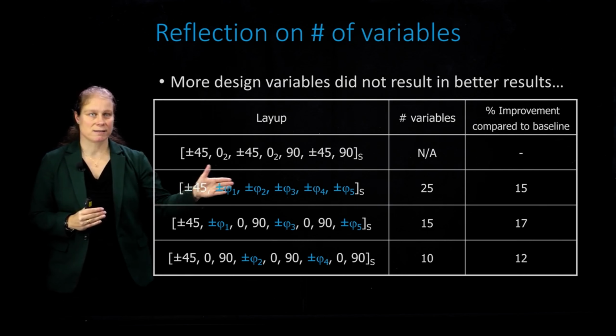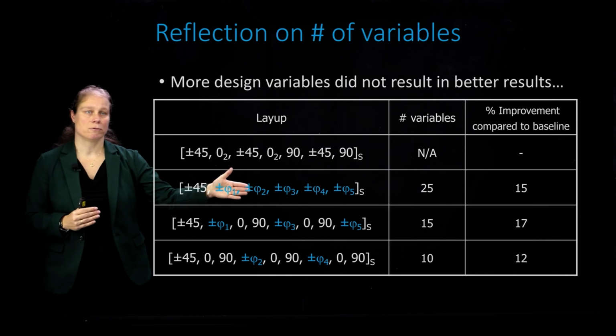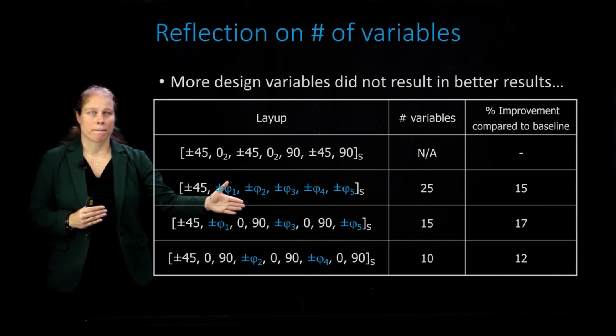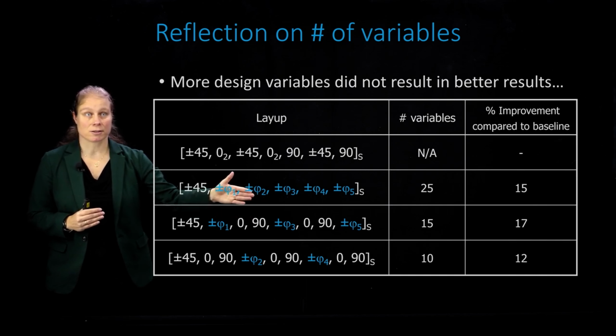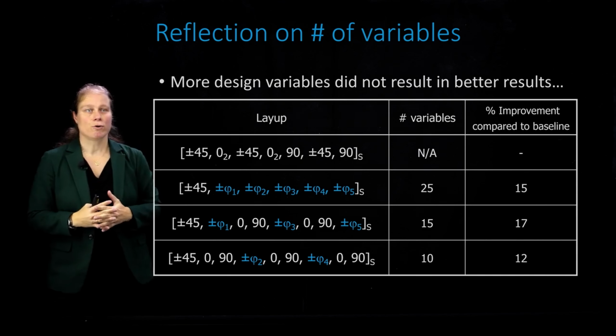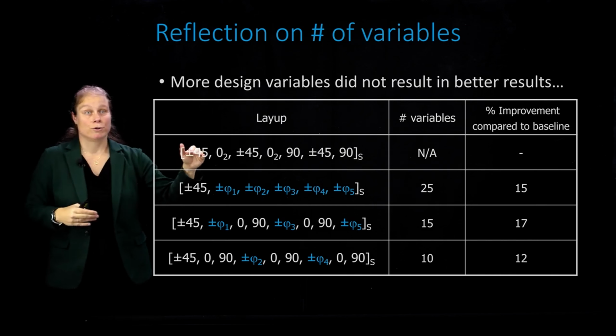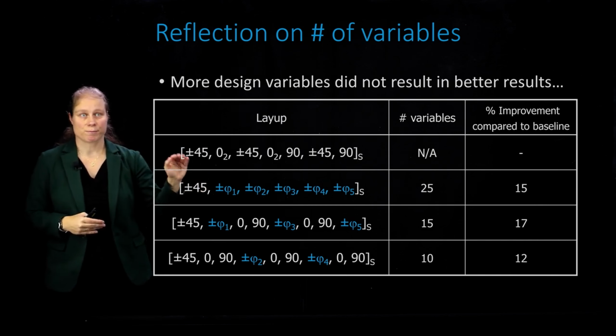If you look at the second fiber steered layers, plus minus phi 2 in this case, you cannot achieve 0/90 with a plus minus layer, because locally it would be plus minus 10, plus minus 12, plus minus 40, but you'll never get 0/90. So the third row actually is not a subspace of the second row.